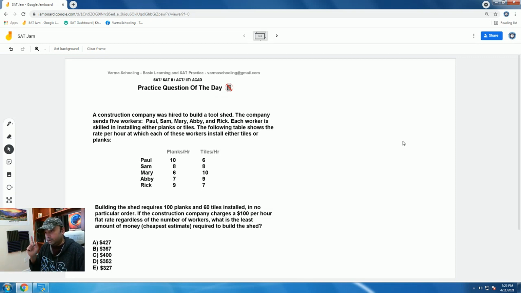For this optimization question, a lot of you attempted it, and some of you got close, but the best attempt I had was from someone who took a running average and said, all of these are 40 planks and 40 tiles, so if you have all of them work, the average is about 8 planks per person, 40 planks per hour together.